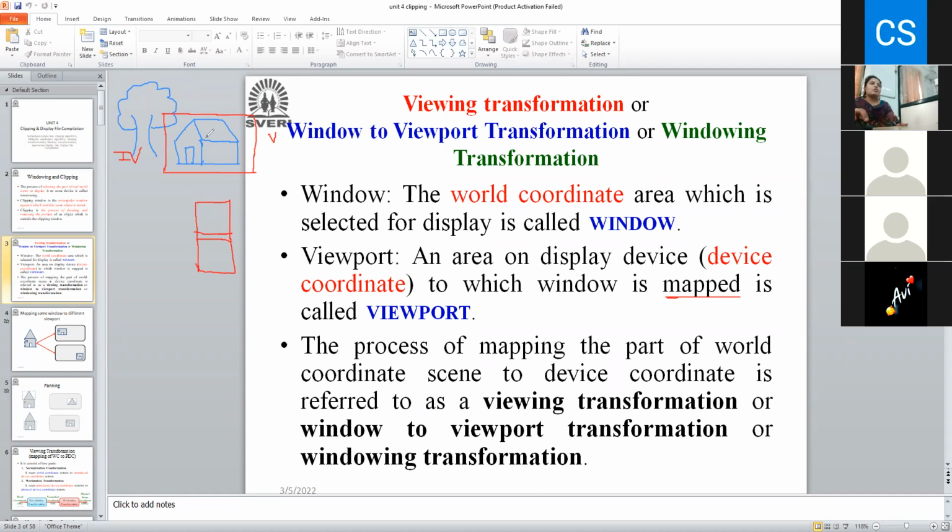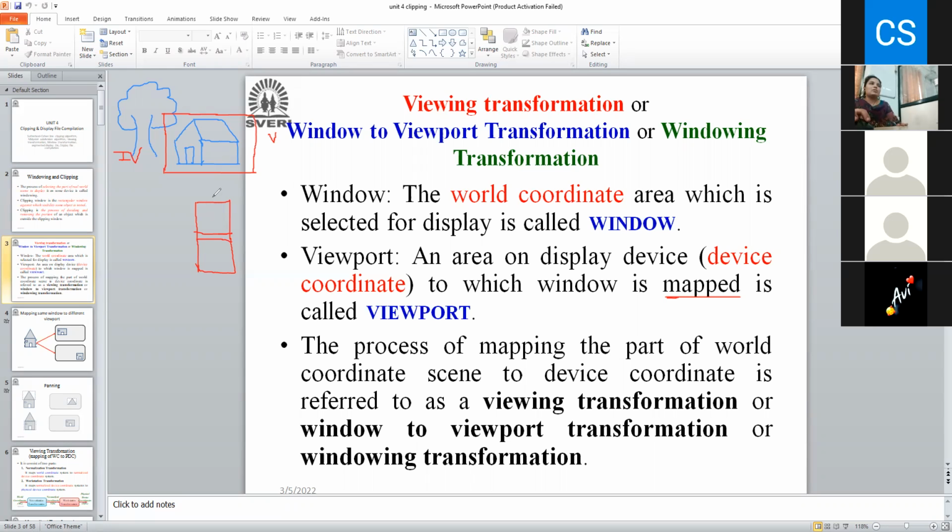Why? Because maybe the laptop screen has more horizontal pixels than vertical pixels, but in the mobile handset, the vertical pixels are more than the horizontal pixels. Then also the same picture is drawn here.